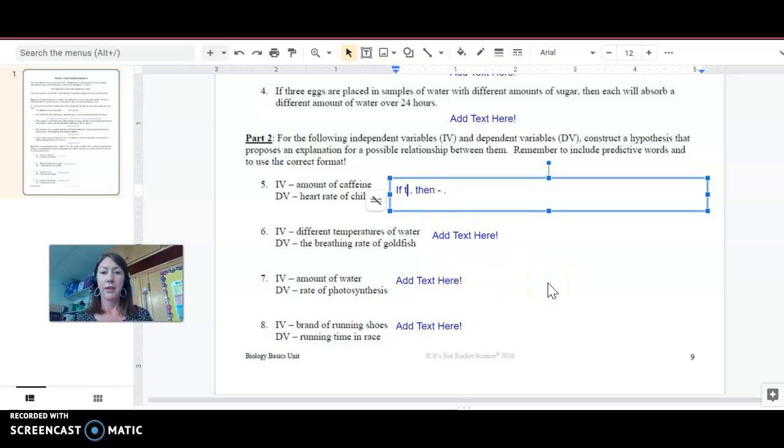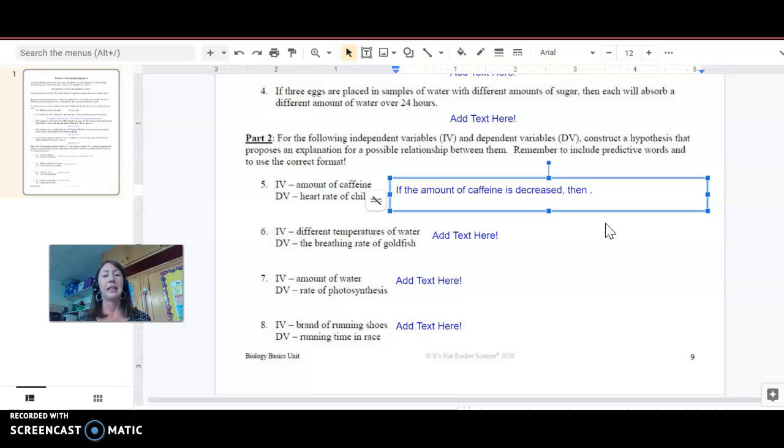So I'm going to say if the amount of caffeine is, and it's your choice here, I'm going to go with decreased. So we're saying we're denying them caffeine, so they're getting less than typical. Then what's going to happen? I think I'm going to say if we are denying them caffeine, then their heart rate's going to slow down, right?